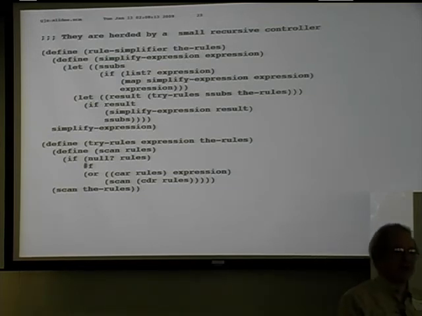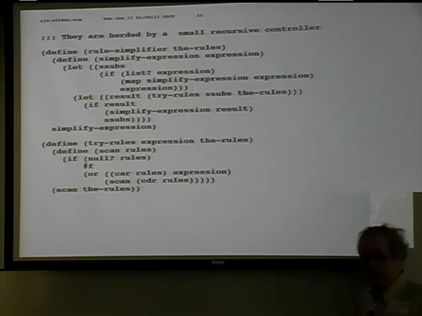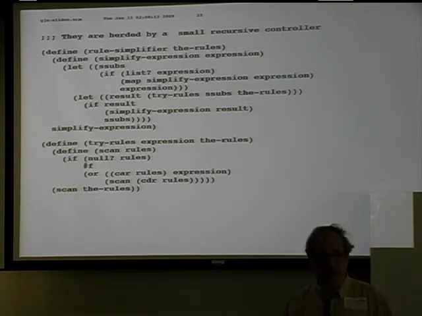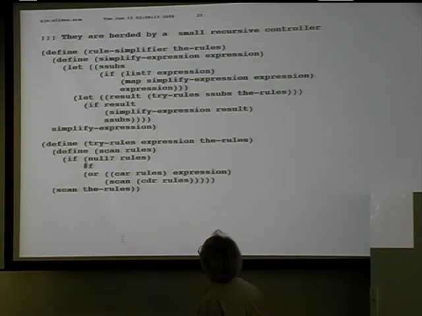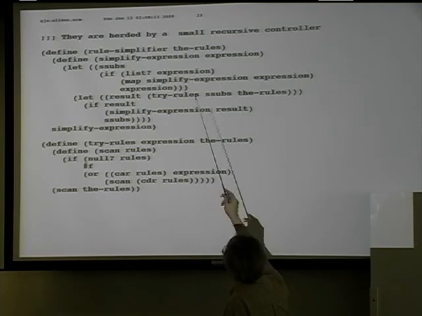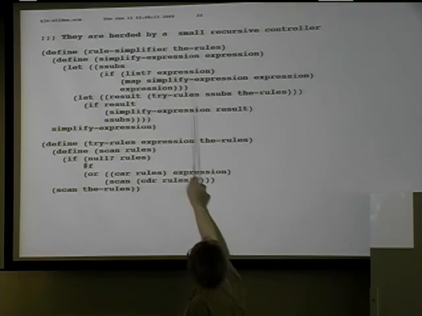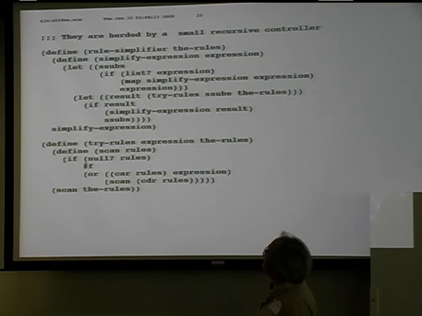It makes it a lot easier to program this way than almost any other style I know. I really love this kind of style where you have programs producing programs as values, or procedures as values. So the simplify expression procedure that's being returned here is one that says, let's simplify all the sub-expressions of the expression first.